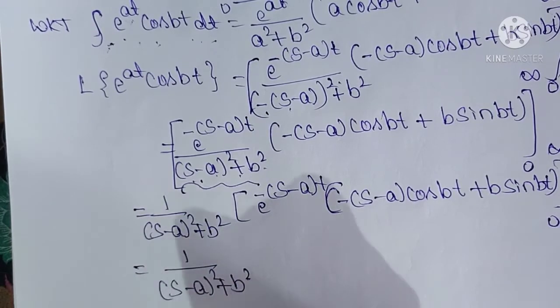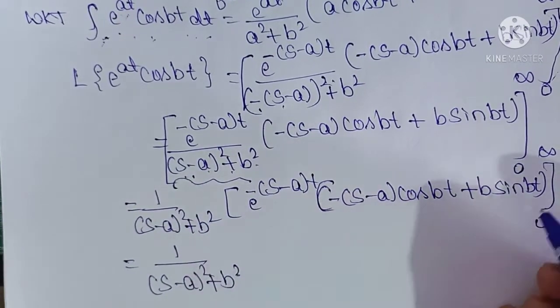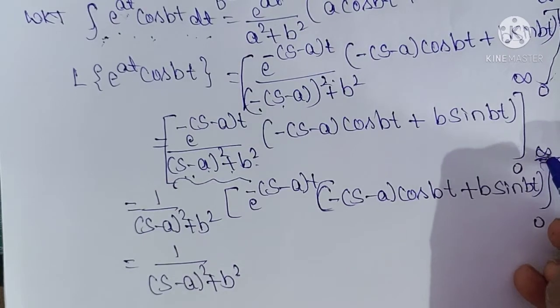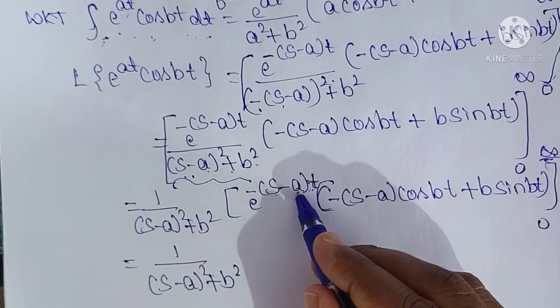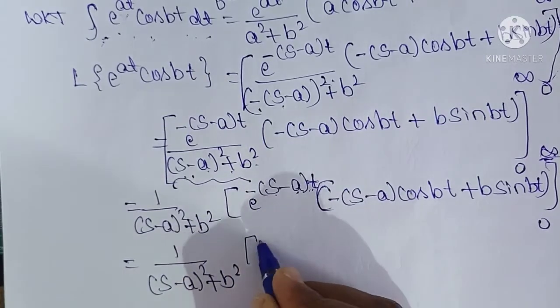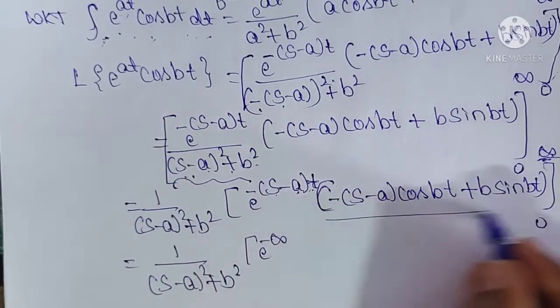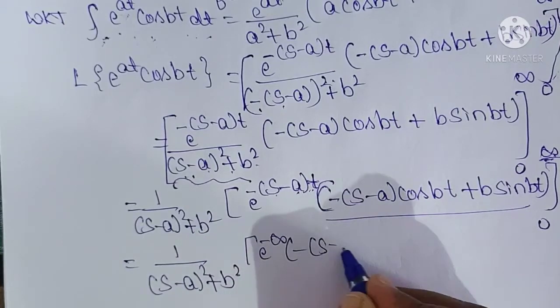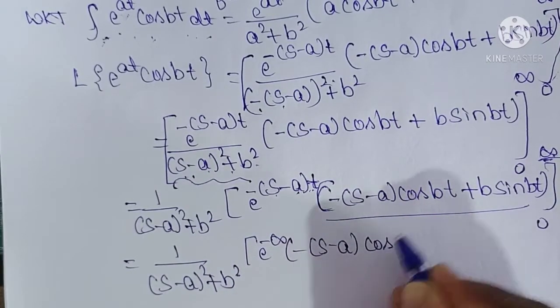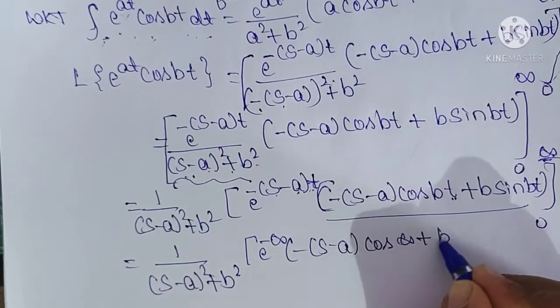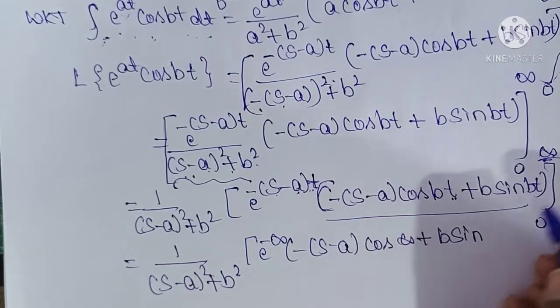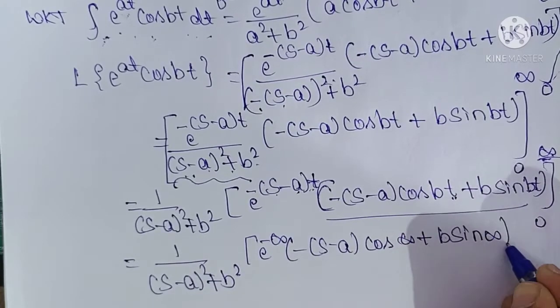Now apply limits. First you apply the upper limit. Upper limit is infinity. In place of t, if we take infinity, infinity into (s minus a) is infinity. We'll get e power minus infinity into this term, minus (s minus a) cos of t value is infinity, infinity into b is infinity, plus b sin of t value is infinity, infinity into b is infinity.